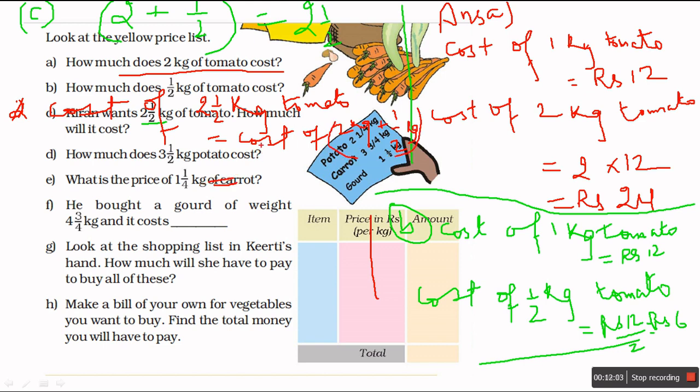So we know that cost of 2 kg tomato is rupees 24. Cost of half kg is rupees 6. So cost of 2.5 kg is rupees 24 plus 6, 30. Okay, so in this way we can solve questions. Now question number D.